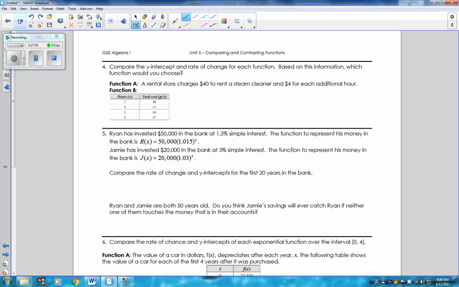Alright, I want y'all to try this one on your own. Number 4. Try this one on your own.